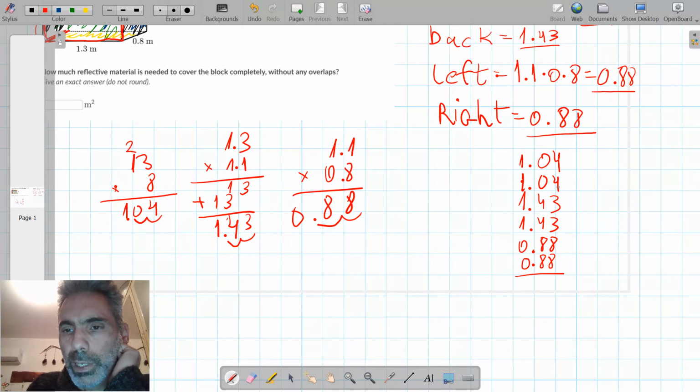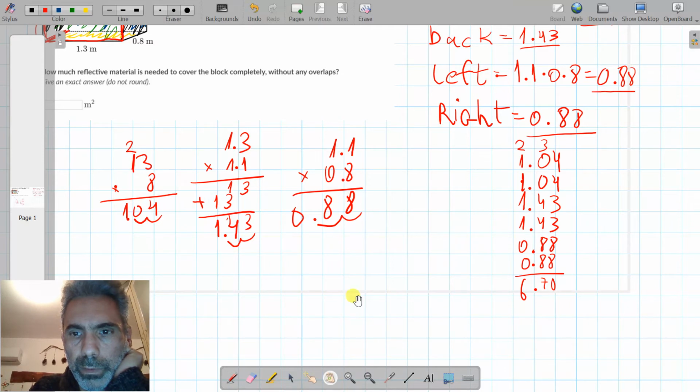4 plus 4 is 8, 8 plus 3 is 11, 11 plus 3 is 14, 14 plus 8 is 22, 22 plus 8 is 30. 3 plus 4 is 7, 7 plus 4 is 11, 11 plus 8 is 19, 19 plus 8 is 27. 2 plus 1 is 3, 3 plus 1 is 4, 4 plus 1 is 5, 5 plus 1 is 6.